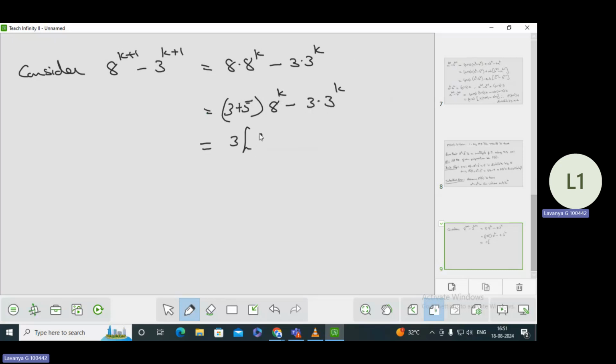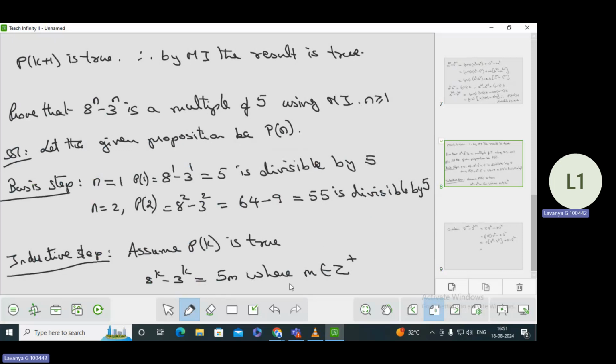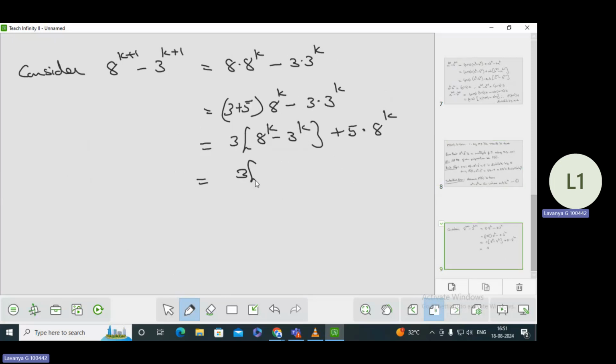So this is 3(8^k - 3^k), combining terms containing 3, plus 5 into 8^k. But what I know, let us take this as equation 1: 8^k - 3^k is 5m. So this is 3 into 5m plus 5 into 8^k, from equation number 1.